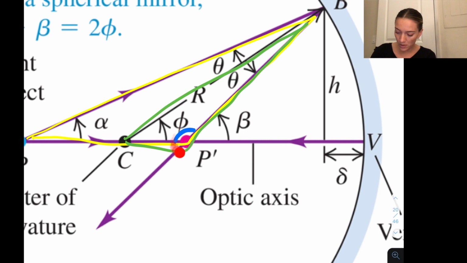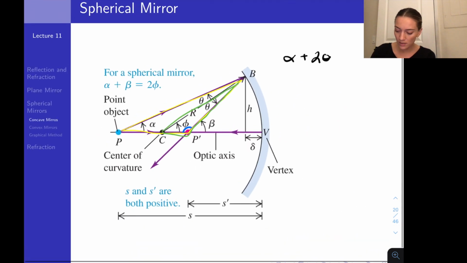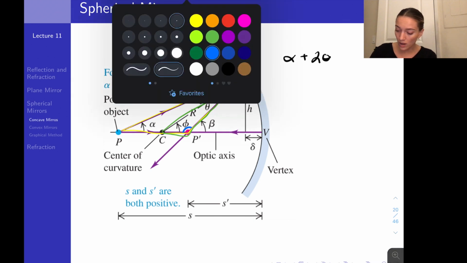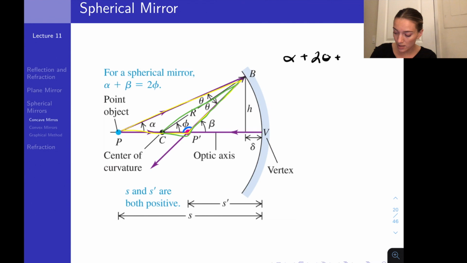So I could write this angle as 180 minus beta. And this is all equal to 180 because it's a triangle, so it's going to add up to 180.